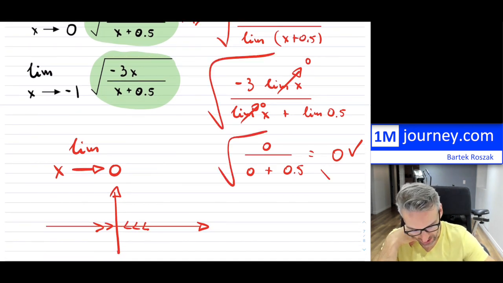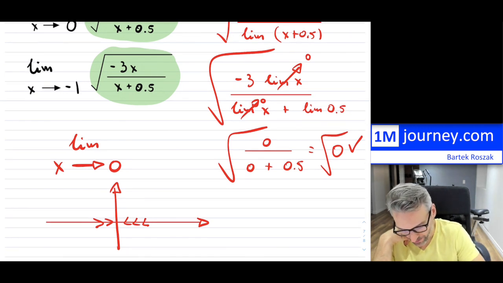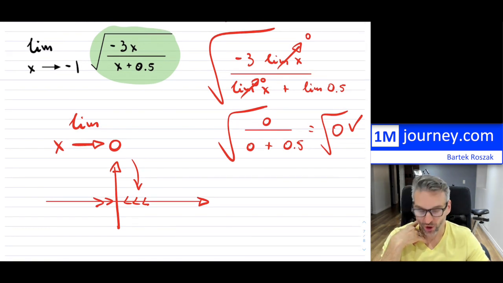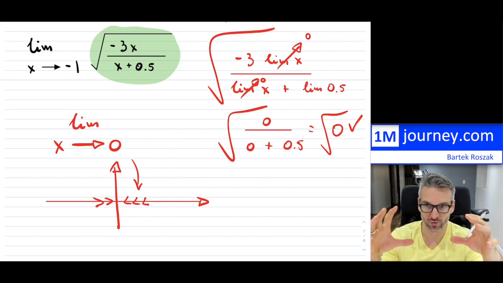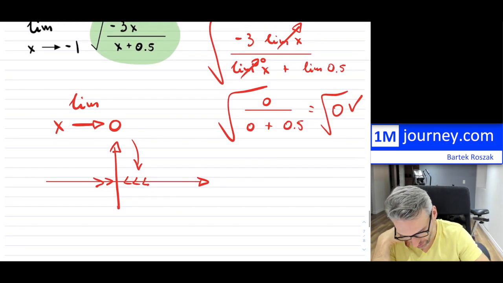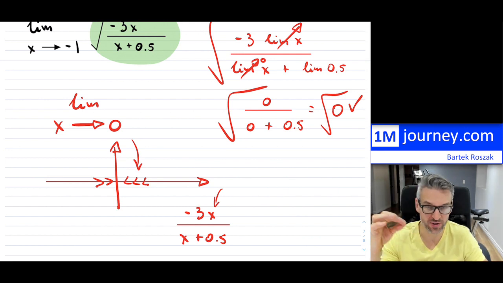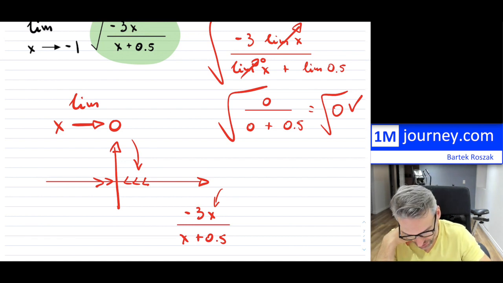So if we have a radical, then we have a problem, because notice that on the right-hand side of the x, so as x is positive, this actual radical does not exist. And the way that we see that is, notice if we say negative 3x all over x plus 0.5, as we're on the right-hand side, as small as we want it to be, notice what's going to happen.